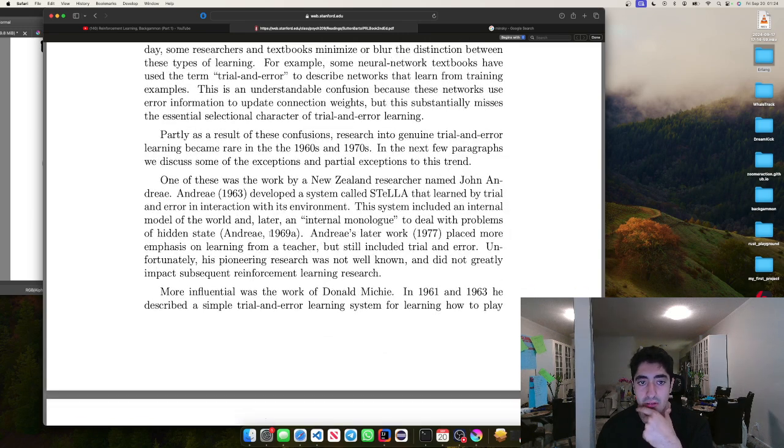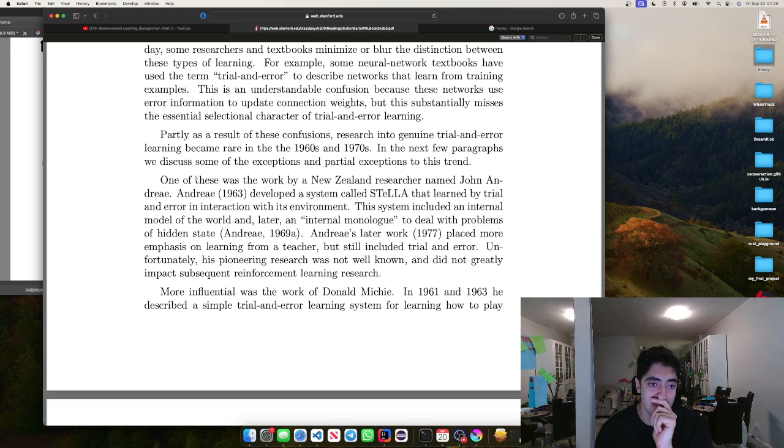Partly as a result of these confusions, research into genuine trial and error learning became rare in the 1960s and 1970s.